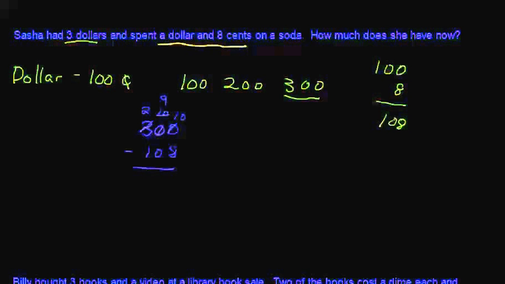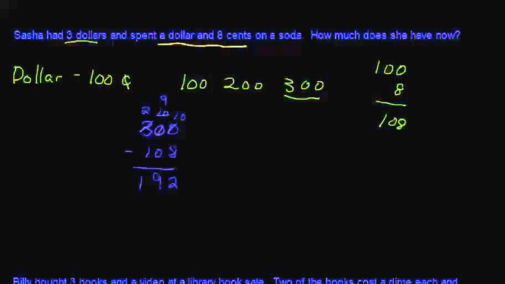Great, now it looks like we can do this. So 10 minus 8 gives us 2. 9 minus 0 gives us 9. And 2 minus 1 is 1. So 192. Well, that's 192 cents.